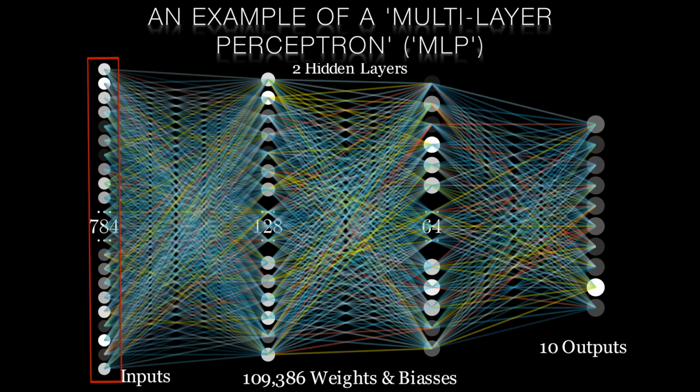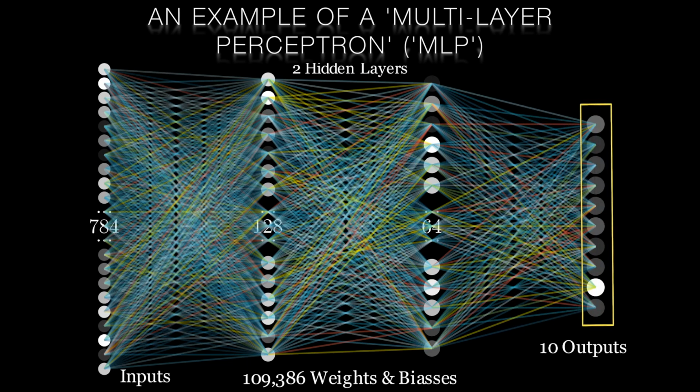Our input layer, which, if you recall, is the pixel intensities of our 2D image flattened into a 1D vector, is fully connected to the first hidden layer. Each hidden layer is fully connected to the next. The final hidden layer is fully connected to our output layer.